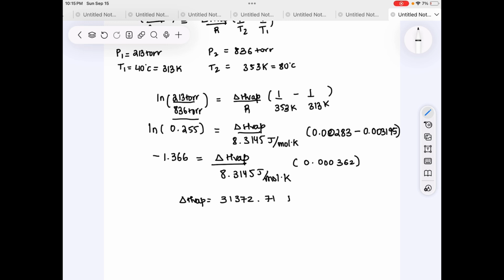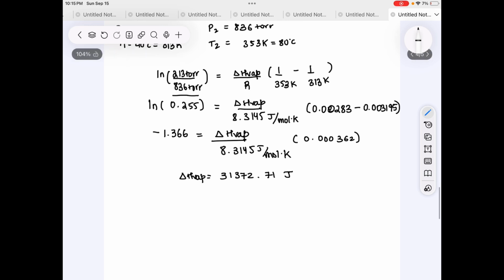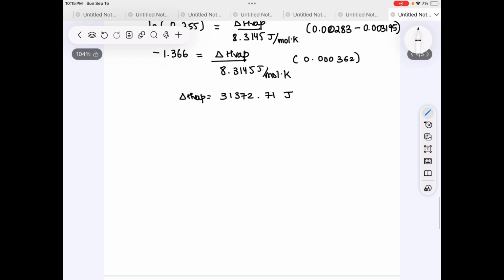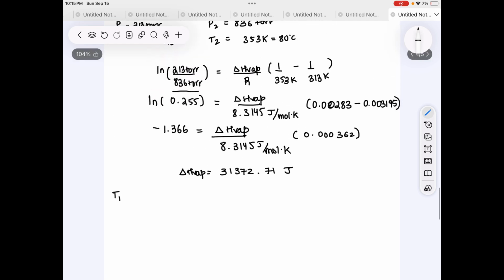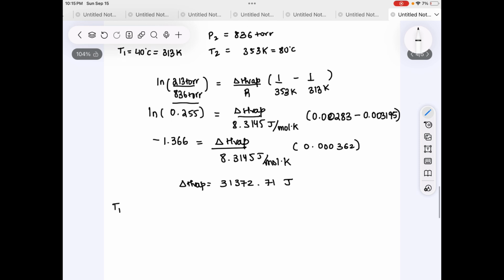.71 joules. Now let us calculate the normal boiling point. For this equation, the temperature T1 is the same.